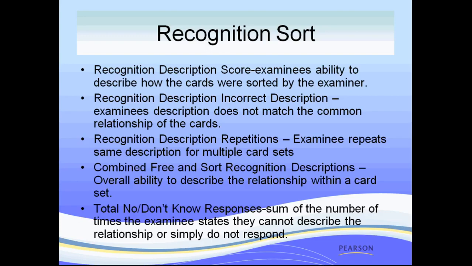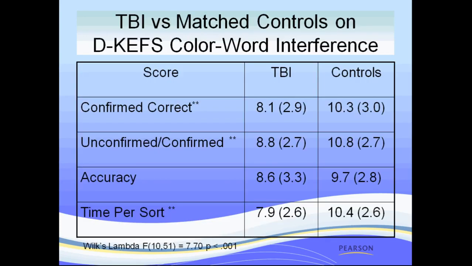And what they don't do is say, I don't know. They won't say, well, I just don't know what you did. They'll give you a response. So they're trying really hard. They want to please you, but they just give you the wrong response. So I find that very fascinating. And I've seen it not just with kids with brain injury, but a lot of kids with significant developmental problems. They'll do the same thing.